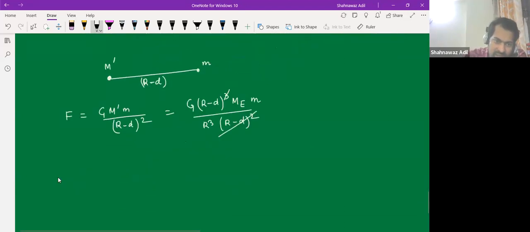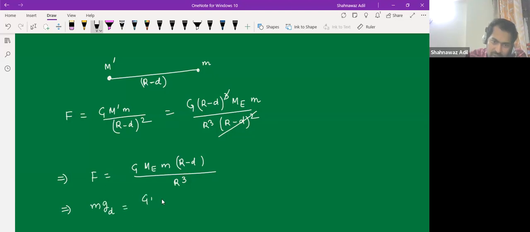Then we have F, which is G M e m (R minus d) divided by R cube, and this is equal to m g d. So this is m (R minus d) divided by R cube.